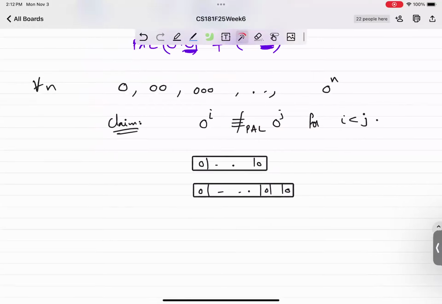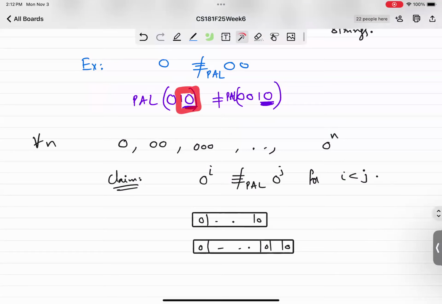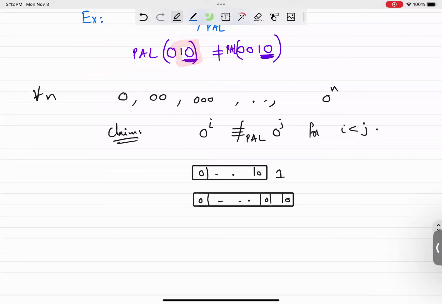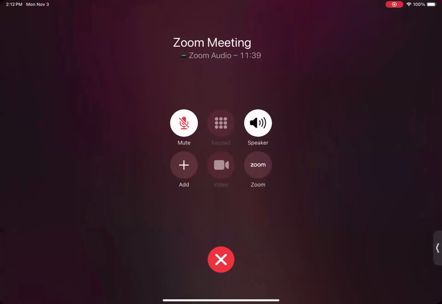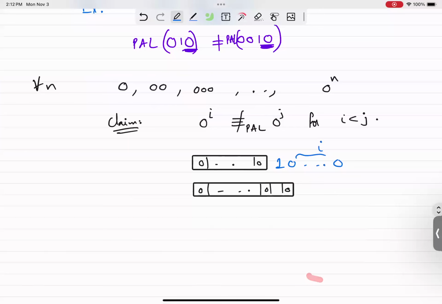Okay, so basically, in some sense, we saw this trick here, right? So we can extrapolate from that. And the suggestion was, let me do one. So let's say this is my distinguishing suffix, which is I. And if I put the same thing here, the first one is a palindrome.